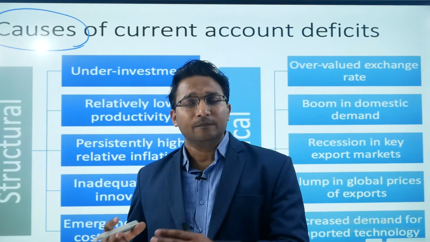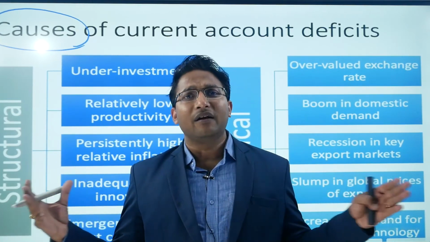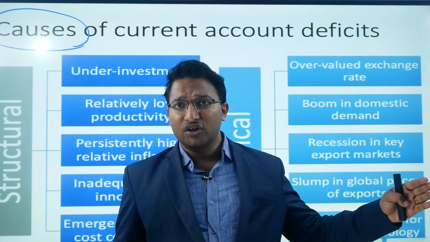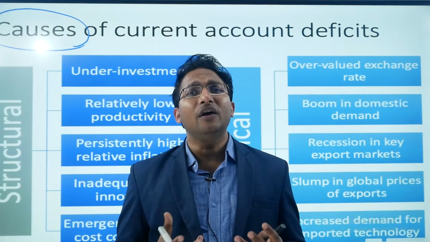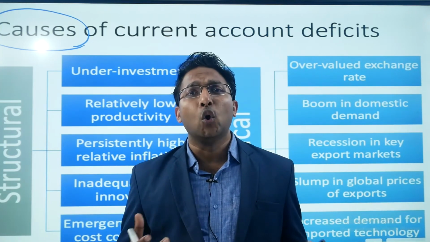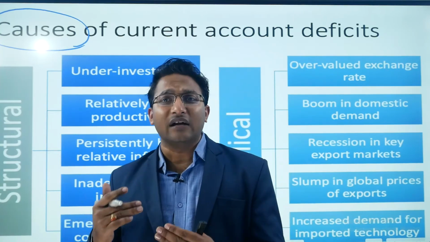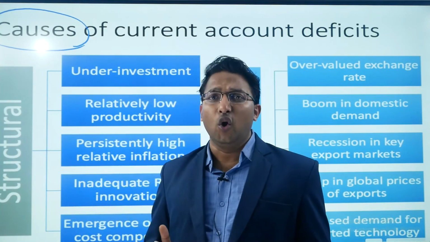Another problem is that the neighboring developing countries like Bangladesh, Malaysia, Indonesia, all these countries are basically becoming the new competitors in providing low cost services. So India's USP has been that India was providing low cost services for a long time.